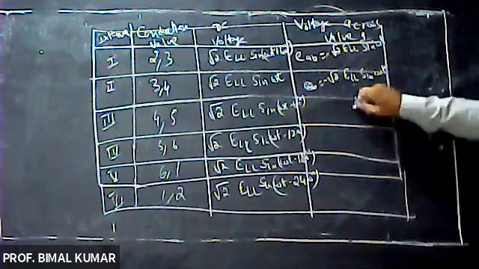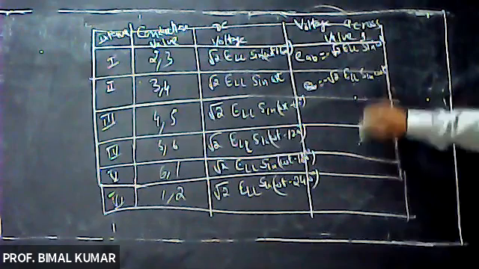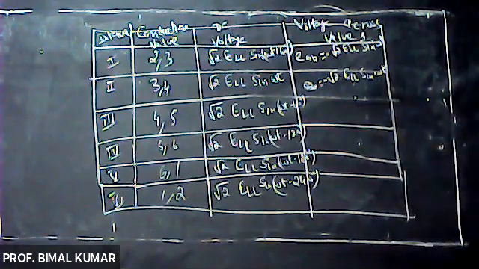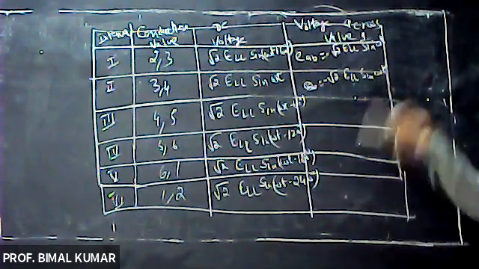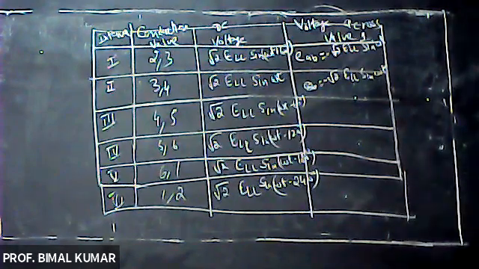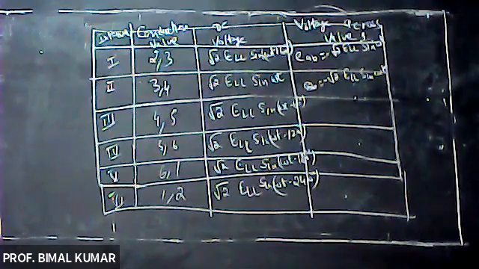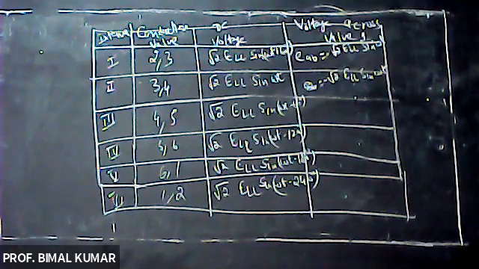During the second 120 degree, that means during the 240 degree, voltage across the valve is the same. And during the third 120 degree, voltage across the valve is again the same. Voltage across the valve will change after each 120 degree cycle, right? So during the first 120 degree, this will be negative voltage, minus root 2 ELL sine omega t.